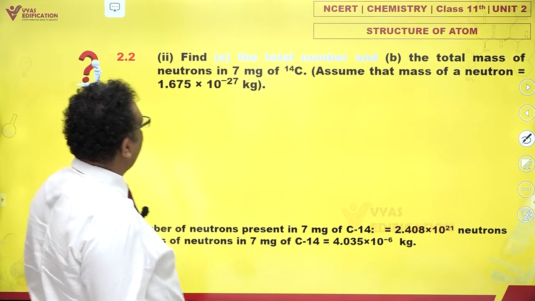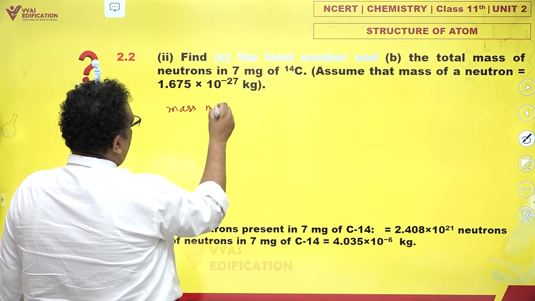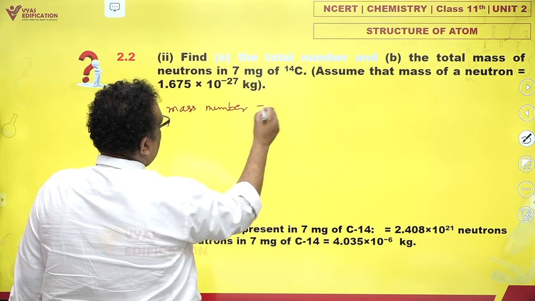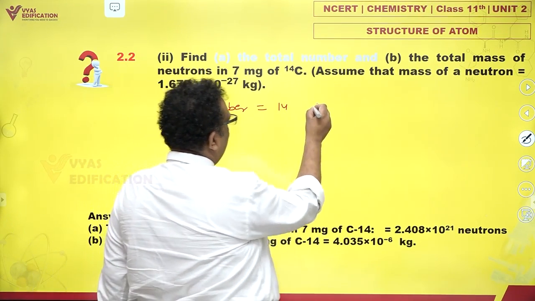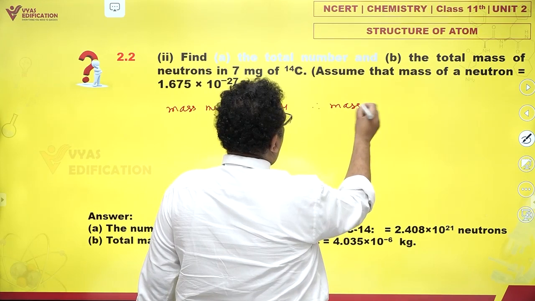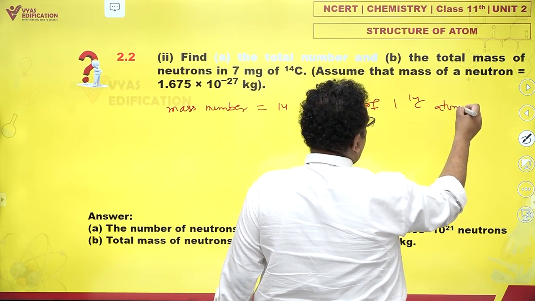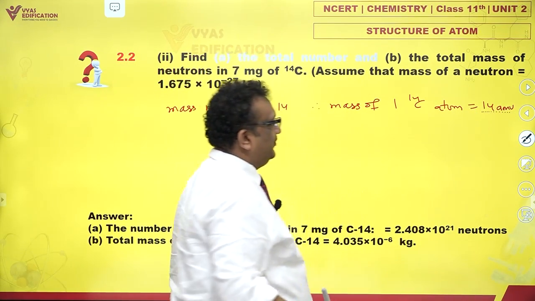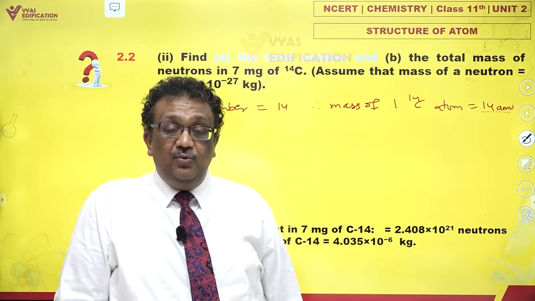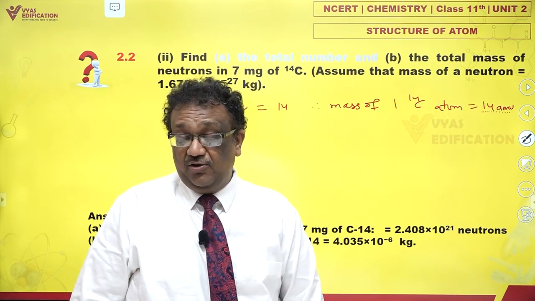See, the mass number is 14. That means the mass of one C14 atom is 14 AMU, and this mass is because of neutrons, protons and electrons.